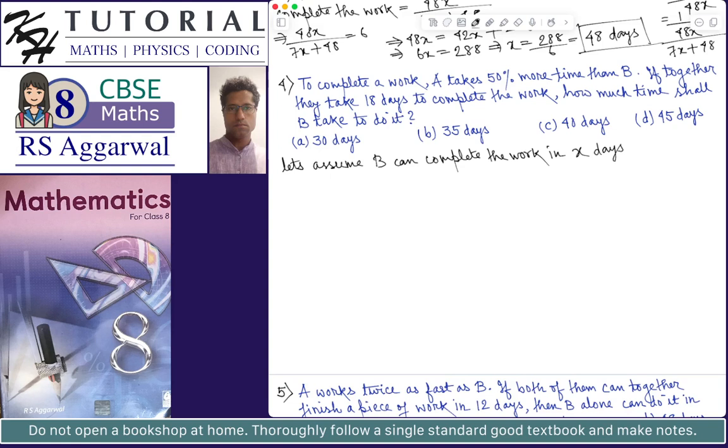This means 50% more than X. So this will imply that A can complete the work in 50% more than X days.